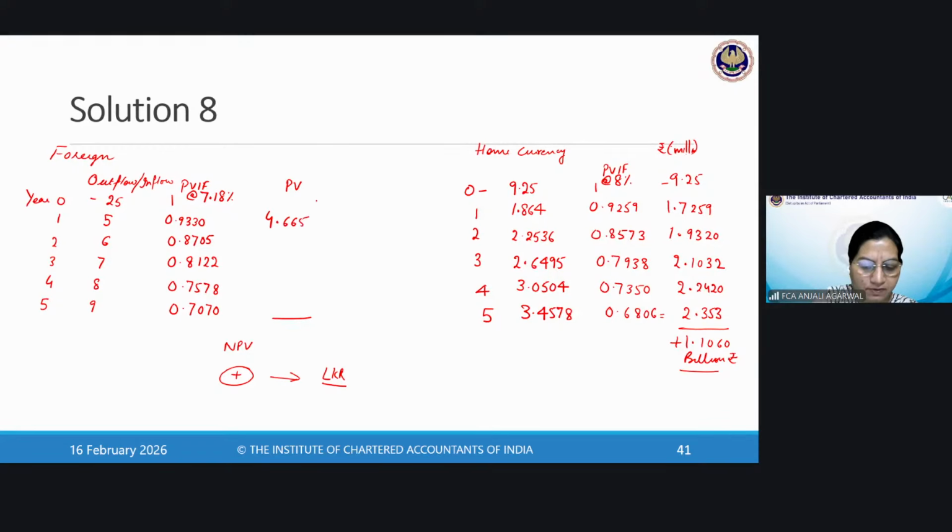4.665, 5.223, 5.6854, 6.0624, and 9 into 0.7070 gives you 6.363.